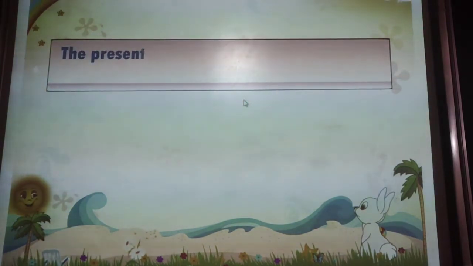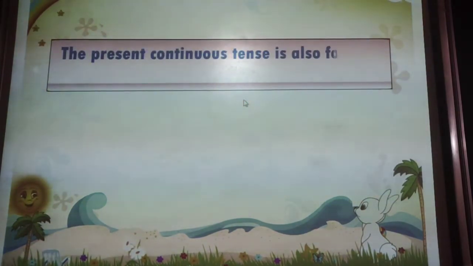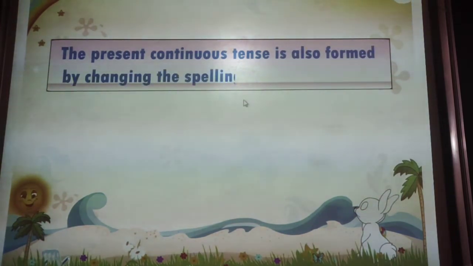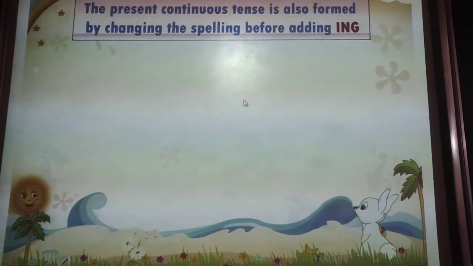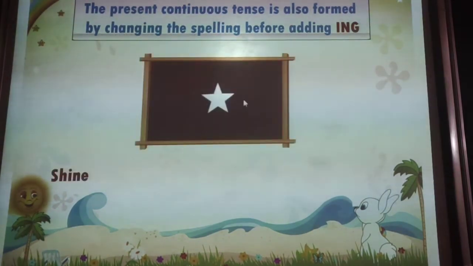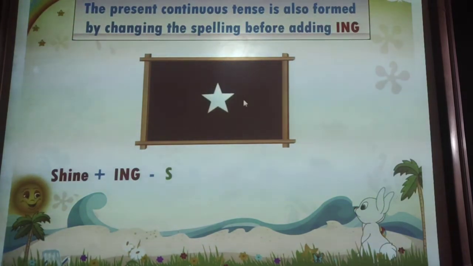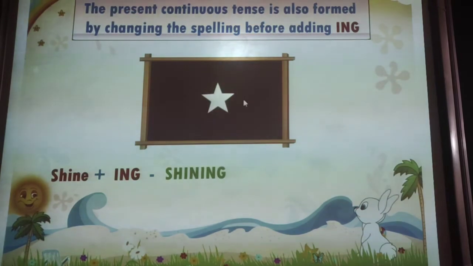The present continuous tense is also formed by changing the spelling before adding ing. For example, shine plus ing is shining.